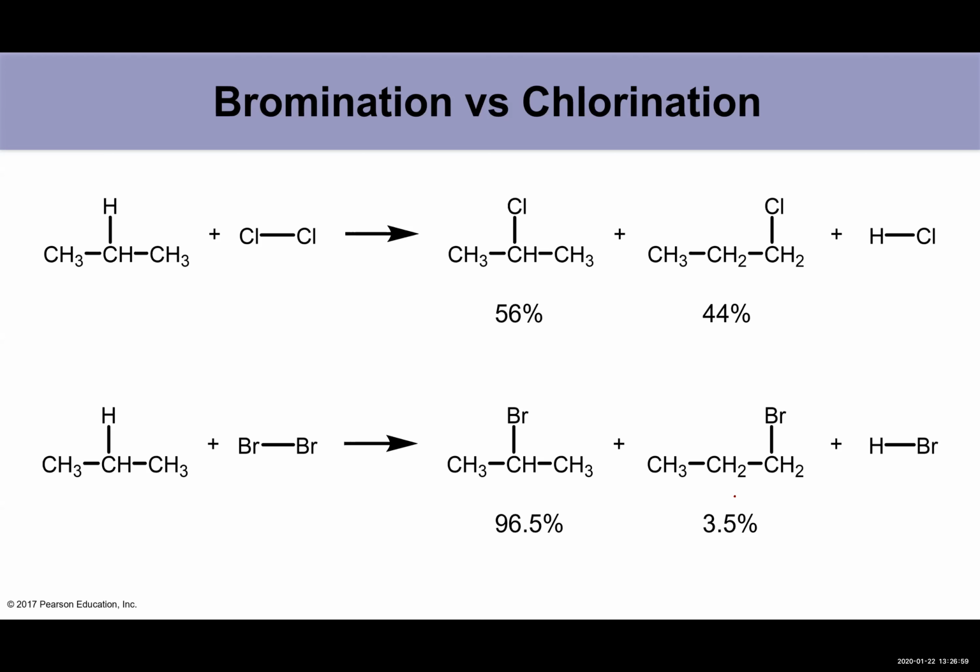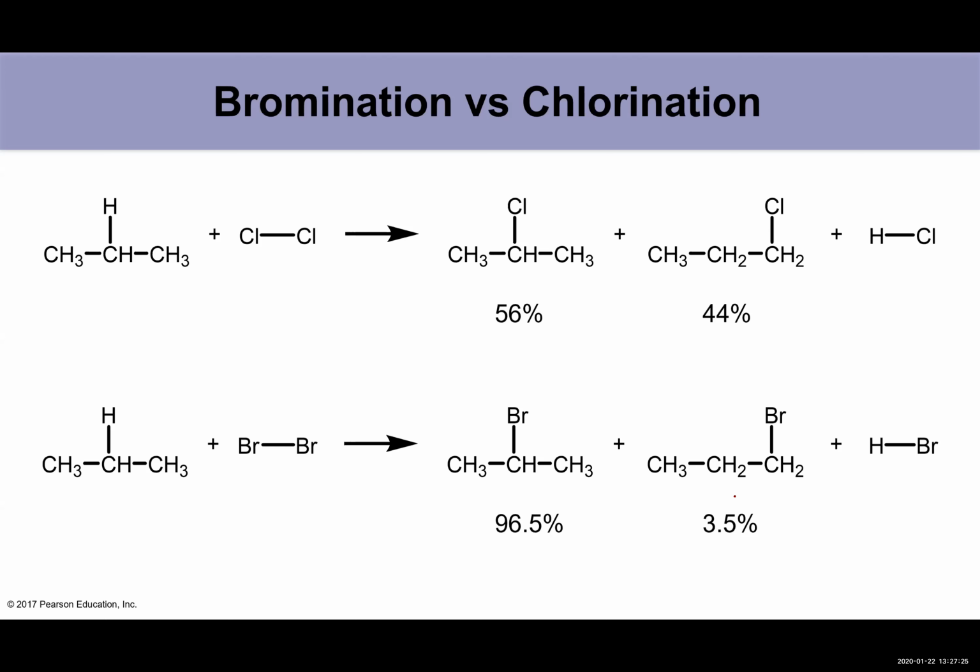Halogenation reactions with bromine strongly favor the more substituted carbon. Okay, so it turns out if I had made this a tertiary carbon, it would be like 99% of it would have been the tertiary product. So what does that kind of mean? Well, it means a couple of different things. But one is, if you want a specific product, a lot of times halogenation with bromine is better.